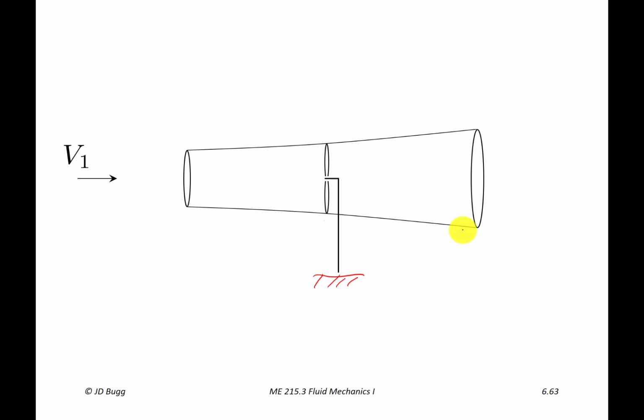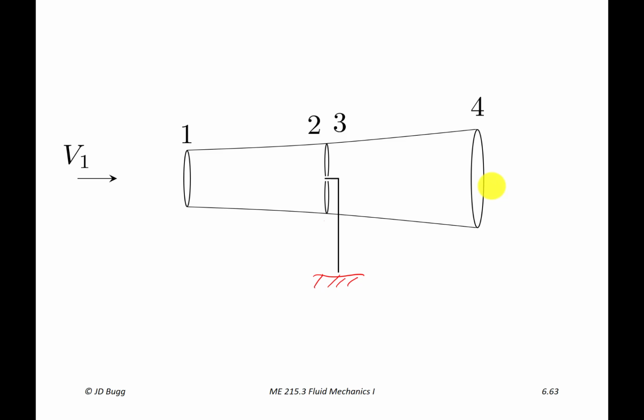Now we need to identify some axial locations along this flow. So one is going to be the inlet to our control volume, and there's a couple of intermediate locations that we're also interested in. Two is going to be immediately upstream of the rotor plane. 3 will be immediately downstream of the rotor plane.